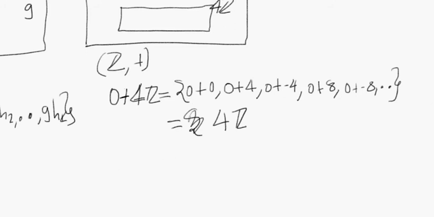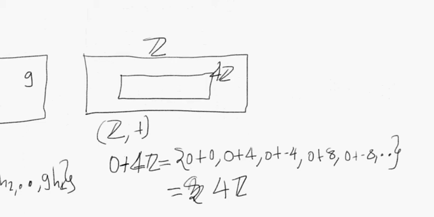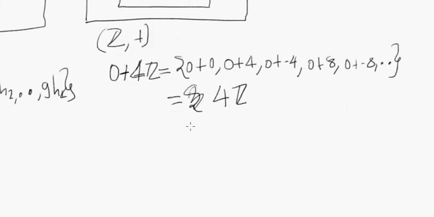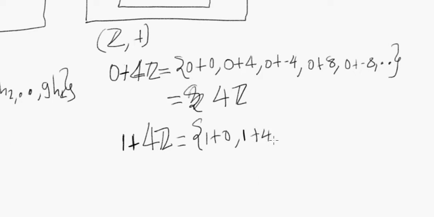Okay, let's pick some other element of Z. Let's pick 1. The left coset is going to be 1 plus 4Z. So what's 1 plus 0? That gives us 1 plus 0, 1 plus 4, 1 minus 4, 1 plus 8, 1 minus 8, et cetera.